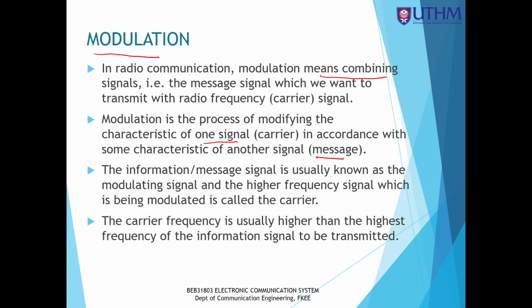So how can I call you using a mobile phone, how can I transmit my voice using the mobile phone? The mobile phone will modulate my voice with the carrier frequency signal, and it will produce a signal at the output that is suitable for transmission.